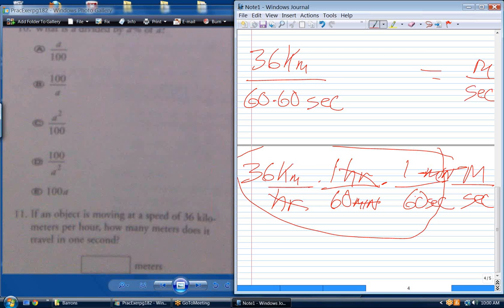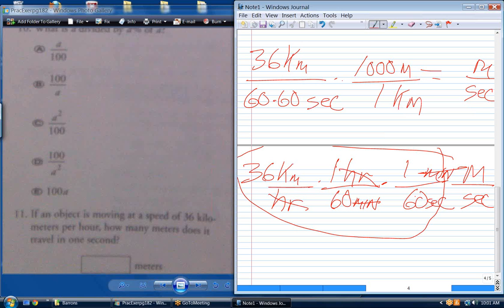We need to multiply the 36 by 1,000. We need to get rid of the kilometers. Each of these conversion factors can be reversed. I can have 1 kilometer per 1,000 meters, or 1,000 meters per 1 kilometer. Clearly I want to get rid of the kilometers, so it has to be in my denominator.